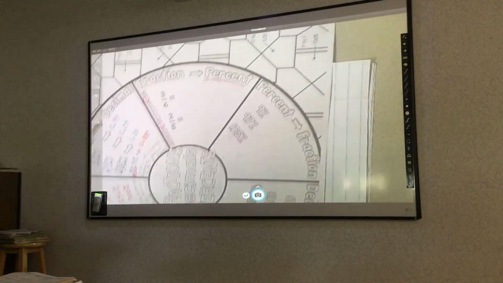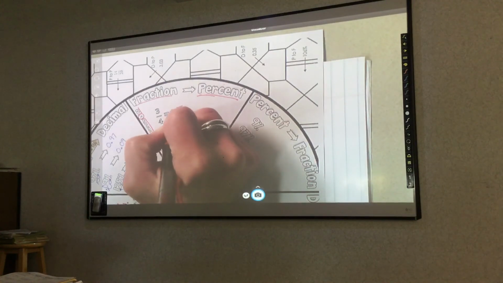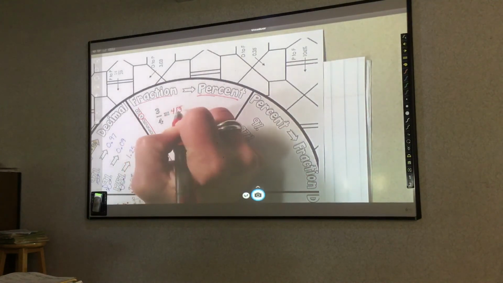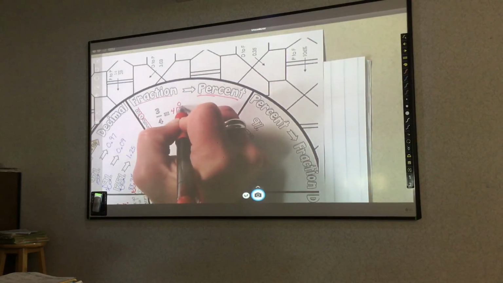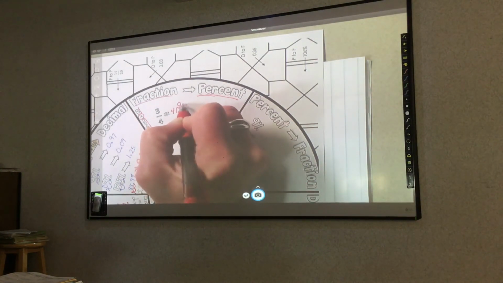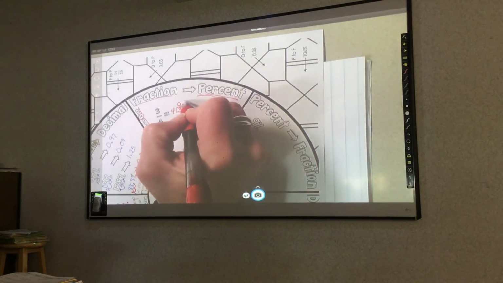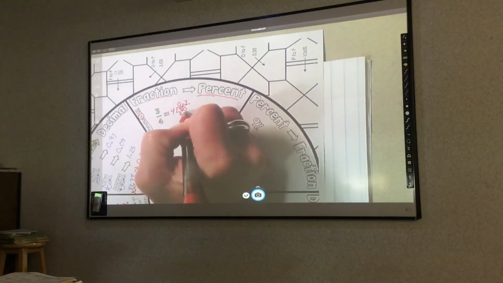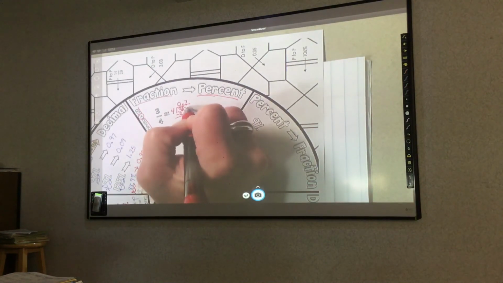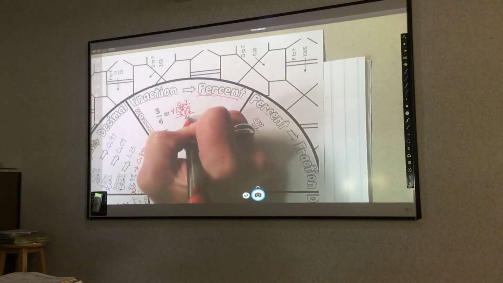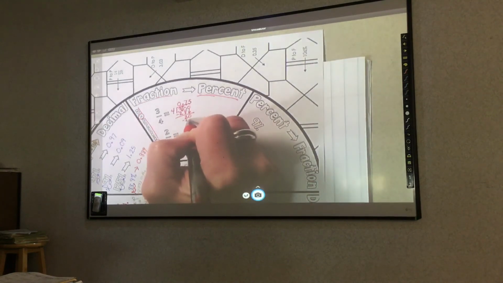So for 3/4, you take 3 divided by 4. 4 goes into 3, 0 times. Add the decimal. Bring that decimal up. 4 goes into 30, 7 times, right? That's 28. We already did one like this. 2 left. Add the 0. 4 goes into 20, 5 times.